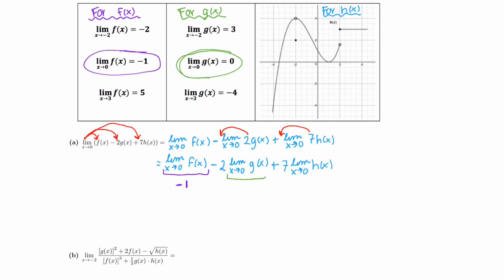This part is 0. The limit as x approaches 0 of h of x, we have to look at this graph. As we approach 0 from either side, it looks like the limit is 1.